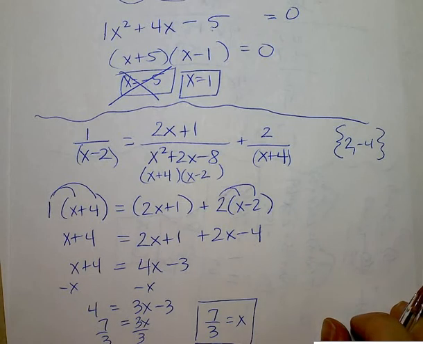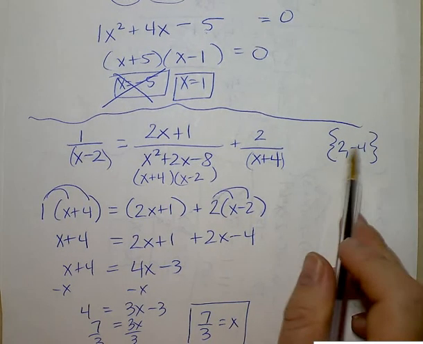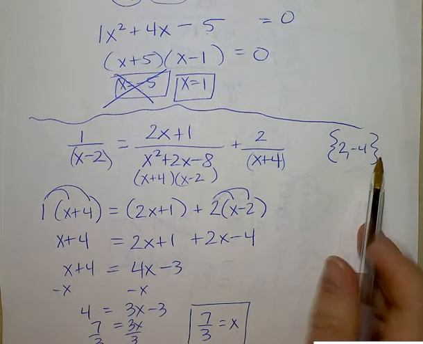So 7/3 is not one of the excluded values. So we're okay to have that as a solution.